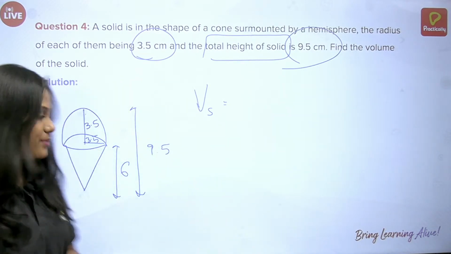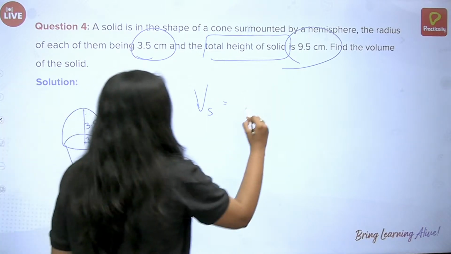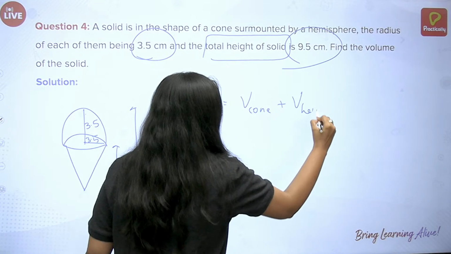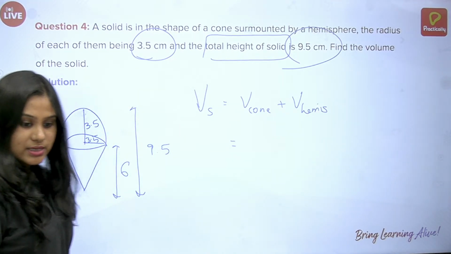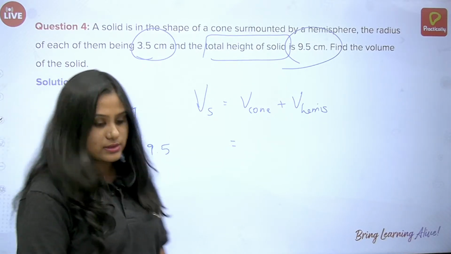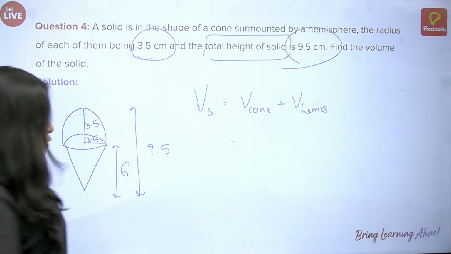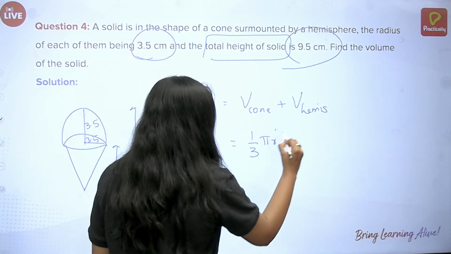Okay? Right. So volume of the solid is equal to volume of cone plus volume of hemisphere. Just substitute the formulae. Very good, Sairam. Correct. 6 centimeters is the height. Good. So here, what is the volume of cone? 1 by 3 pi r square h.